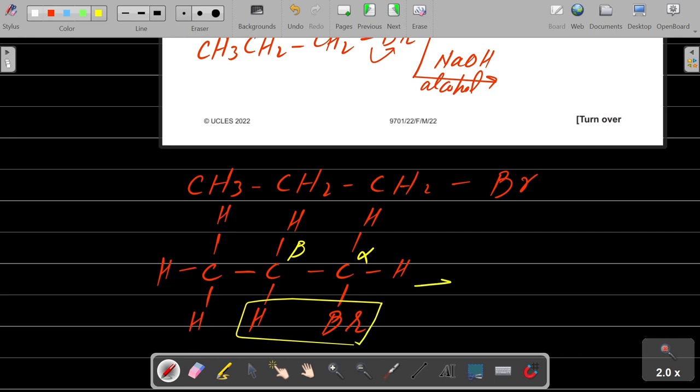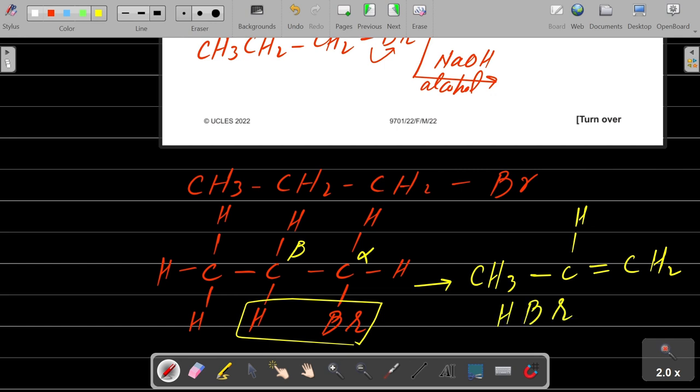So now you will get CH3, single bond with CH, and a double bond with CH2, and it is your inorganic product HBr.